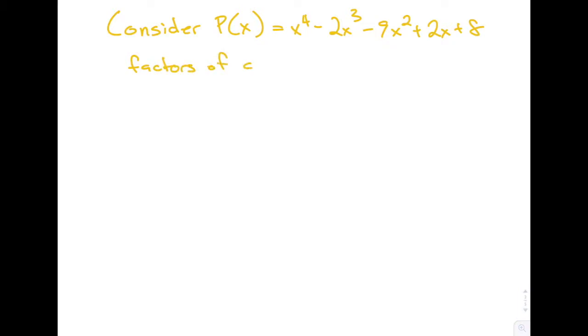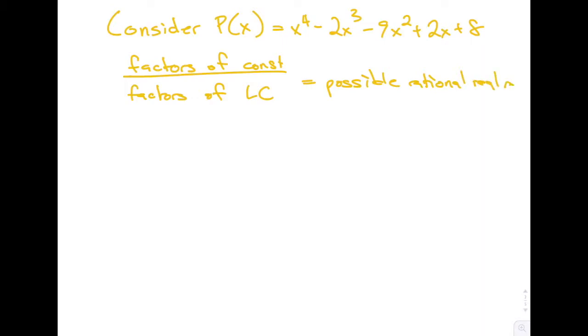Factors of constant term over factors of leading coefficient equals possible rational real roots. The factors of the constant term, factors of 8, are plus or minus 1, plus or minus 2, plus or minus 4, and plus or minus 8.